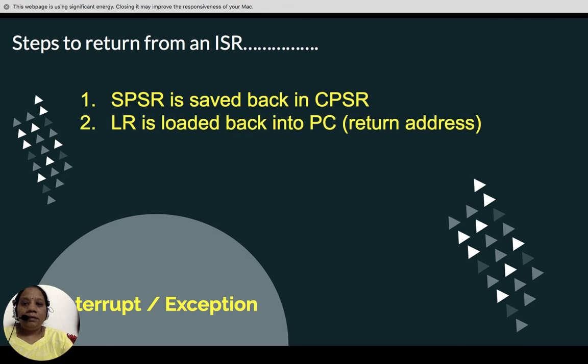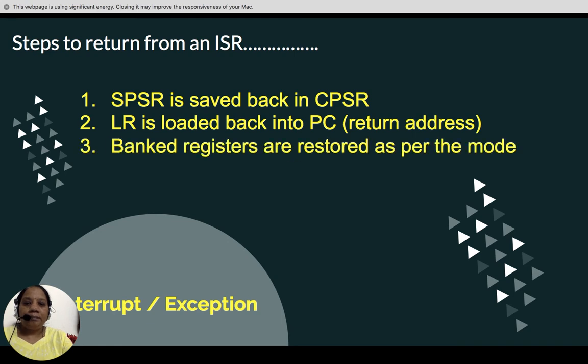Then you have stored your program counter value into a link register. So take the content from the link register and put it back into program counter. This is the return address. So you are now going back to the I plus 1 instruction. Getting it? And the third important thing that you should do is all your banked registers should be restored.